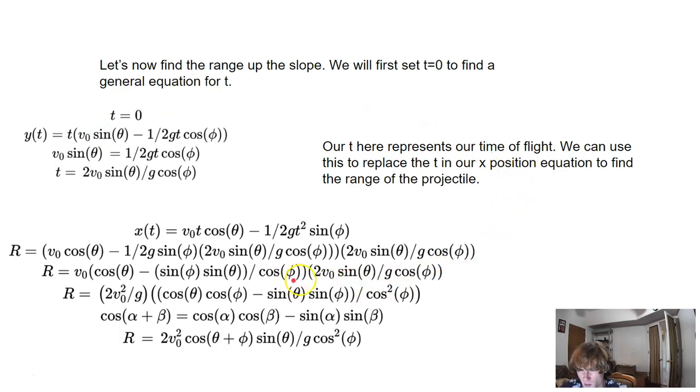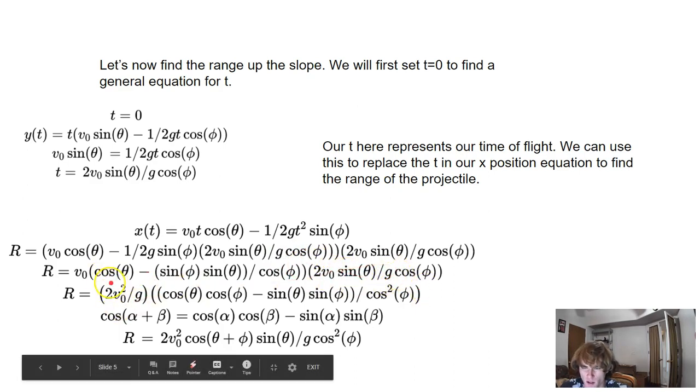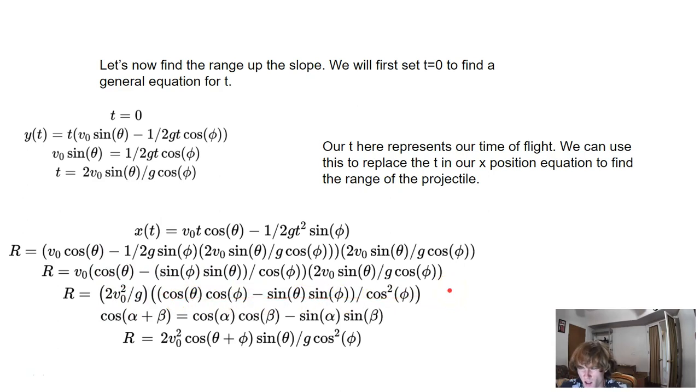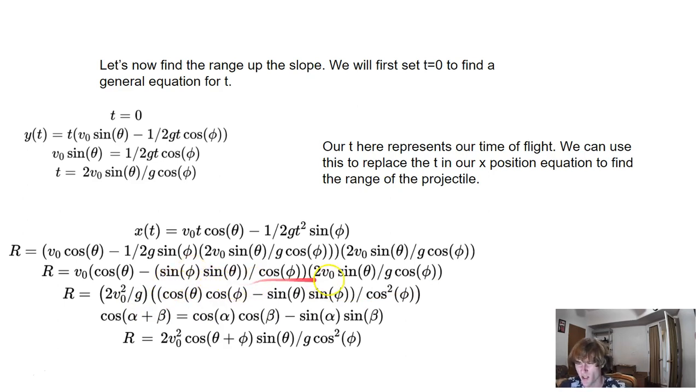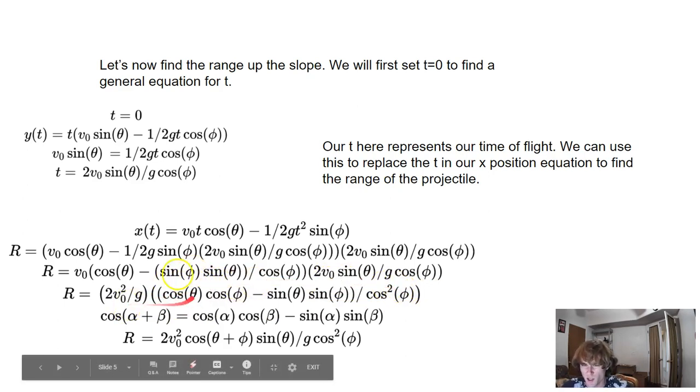We're just going to bring this velocity and this gravity to the front, and then we have all our trig functions right here. This is actually just a trig identity, so we can use it to simplify the problem a lot.